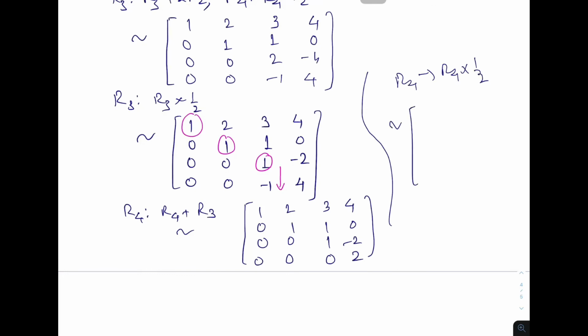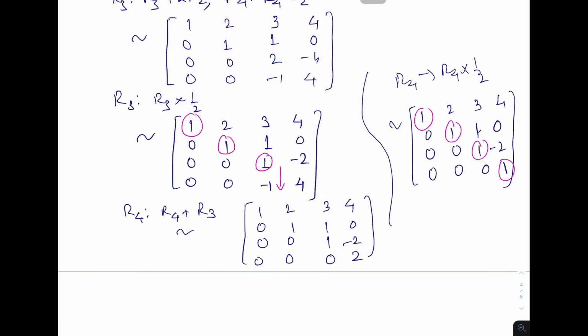So we have 1, 2, 3, 4, 0, 1, 1, 0, 0, 0, 1, minus 2, 0, 0, 0, 1. So the leading ones are 1, 2, 3, 4. So this is in row echelon form, and the rank of A is the number of non-zero rows, and that is 4. Thank you.